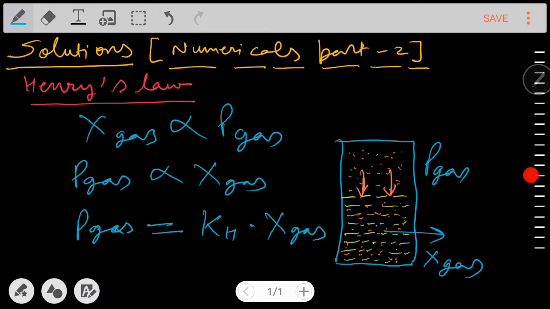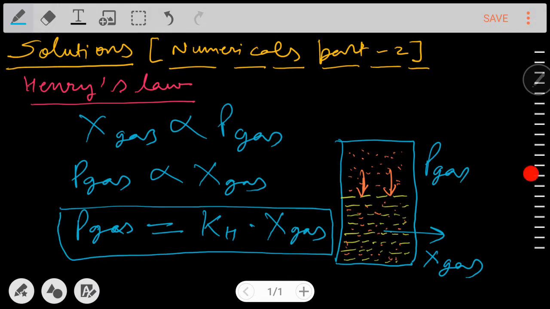KH is the constant of proportionality. It is called Henry's constant. So we have got the equation P gas equals KH into X gas. This is the mathematical expression for Henry's law, where P gas is the partial pressure of the gas above the liquid surface, KH is the Henry's constant, and X gas is the mole fraction of the dissolved gas.